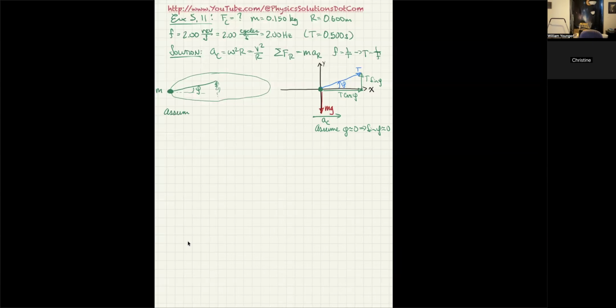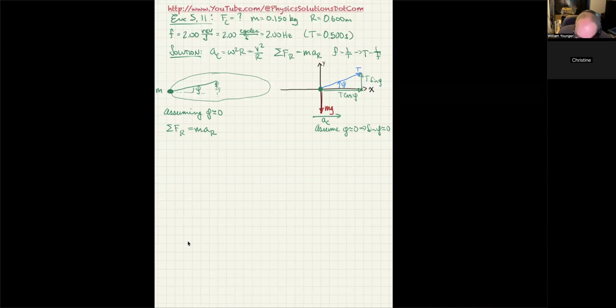Assuming phi is approximately 0, we get the summation of the forces in the radial direction is equal to mass times acceleration in the radial direction. And we see that we can ignore that little T sine phi. By ignoring that, we realize that's the thing that has to hold up the weight. So we're also ignoring the weight of it.